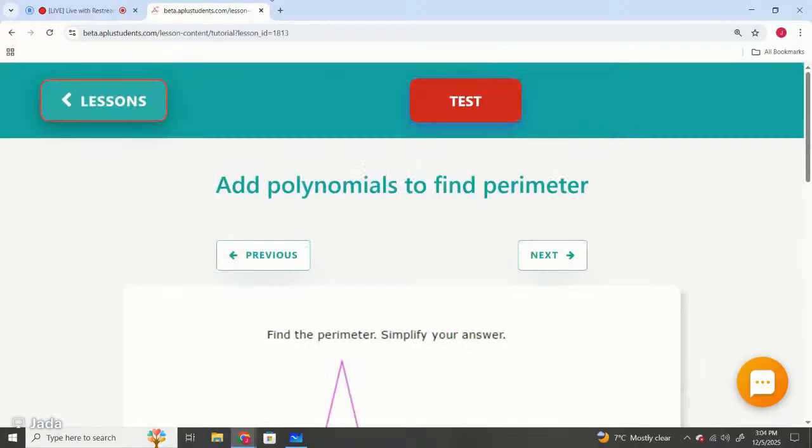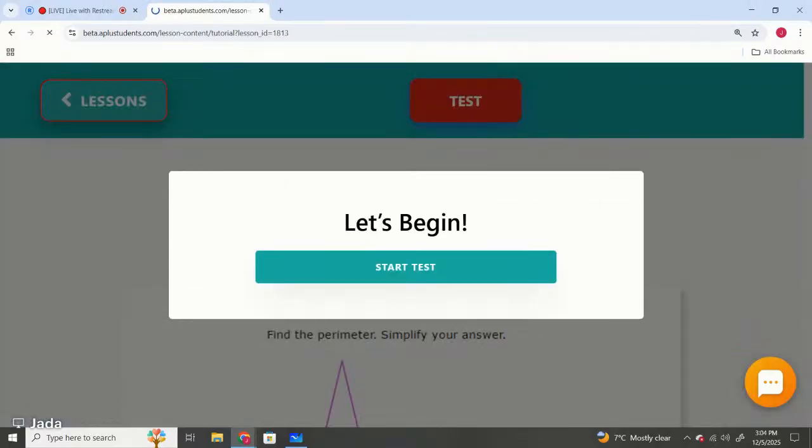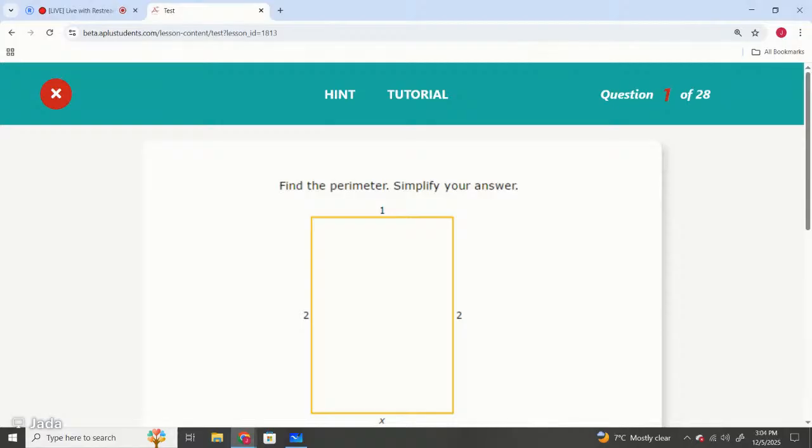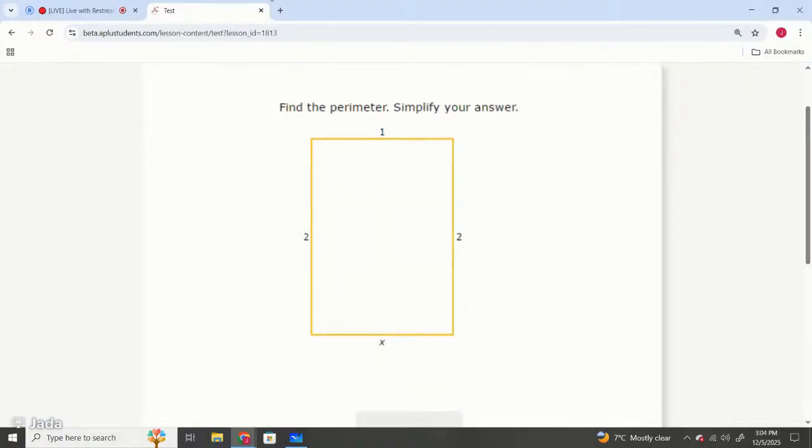Okay, let's start with the test questions. Find the perimeter, simplify your answer. For the perimeter, we need to add all the side lengths.